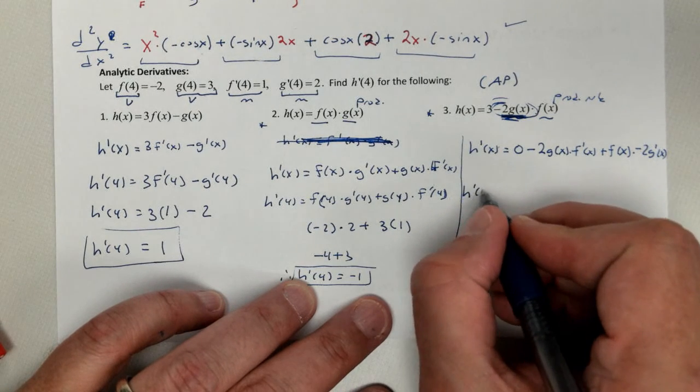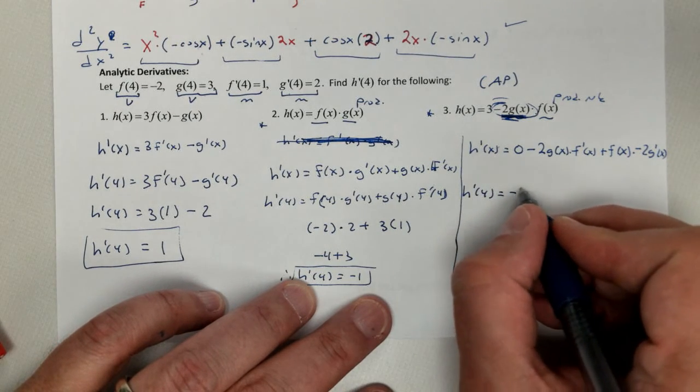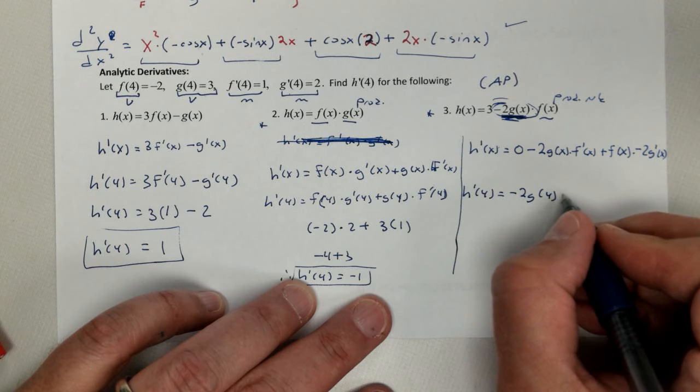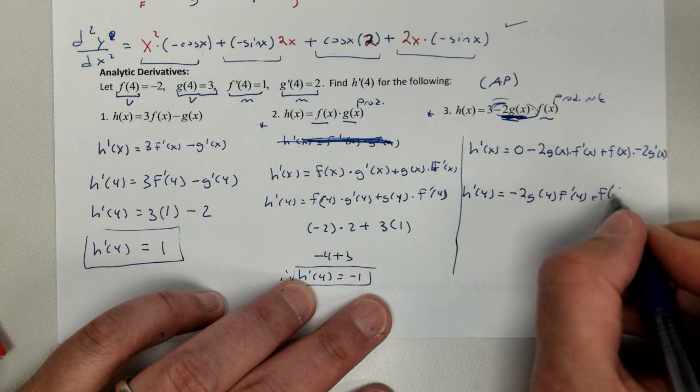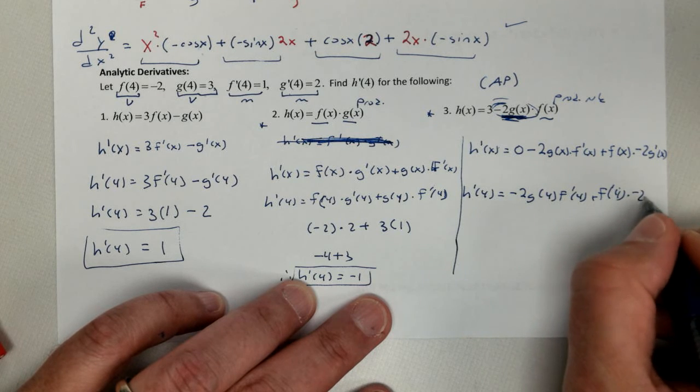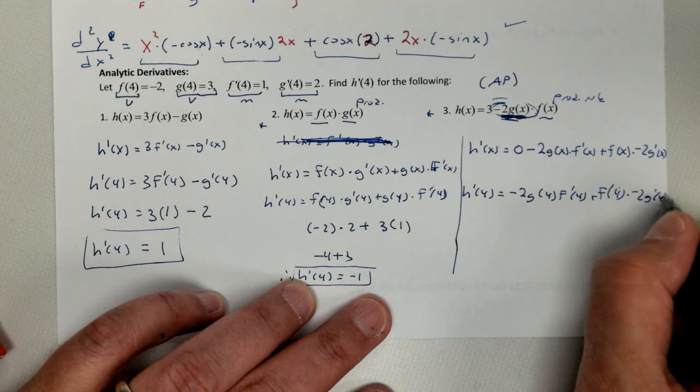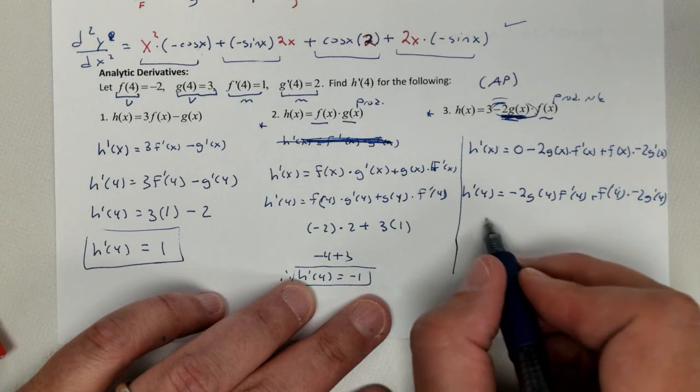Now when we plug in the 4, we'll get negative 2g of 4, f prime of 4, plus f of 4 times negative 2g prime of 4. And we just plug in everything.